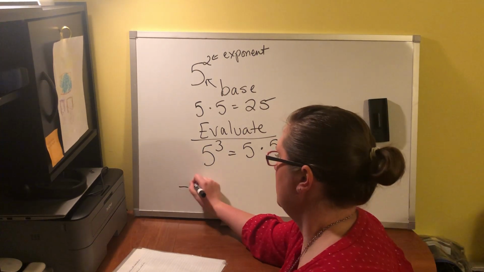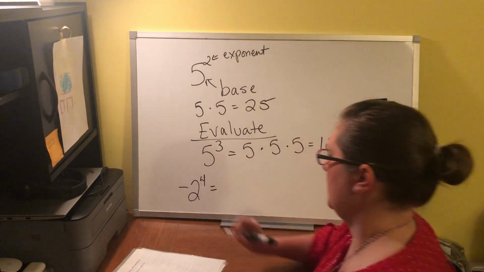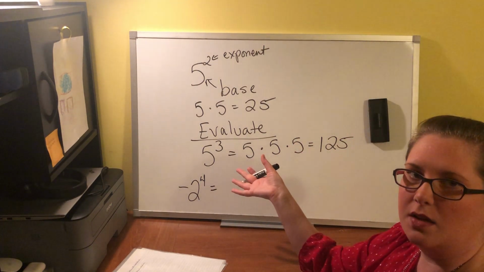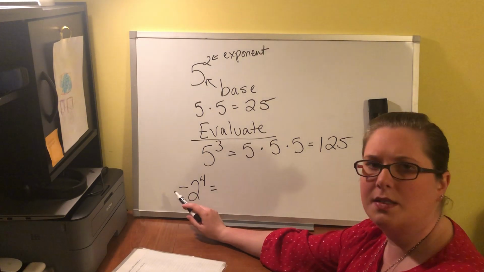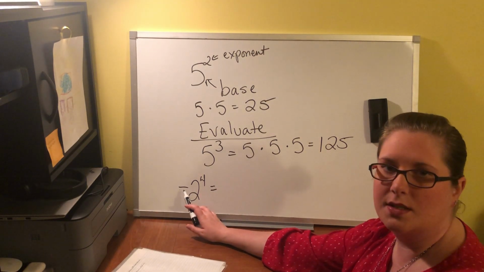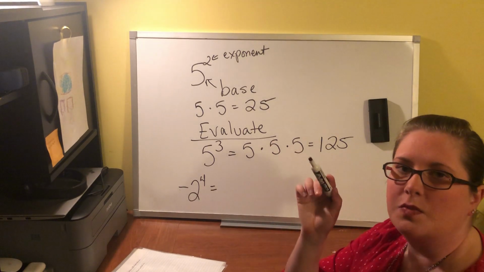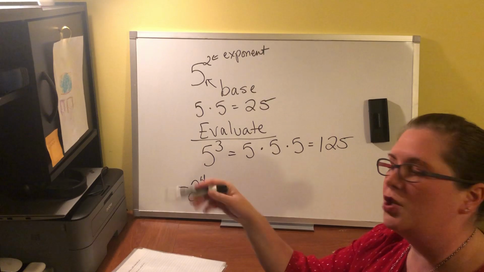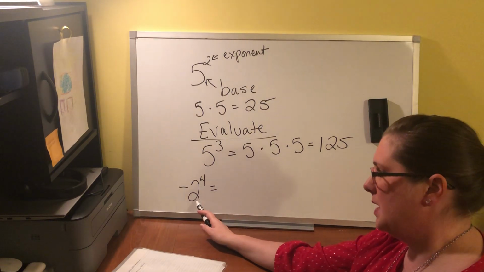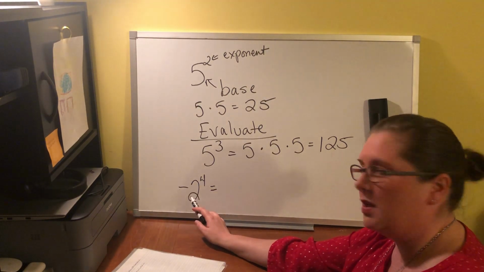Let's see if you remember doing a problem like this. So we have dealt with these with negative numbers. So we have negative 2 to the 4th power. So if you pay attention here, that negative is not included in a set of parentheses. Remember, when it was in a set of parentheses, you also included the negative when you were multiplying the base, okay? This is not included.